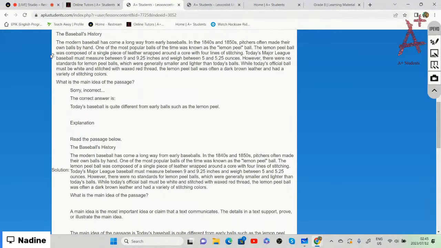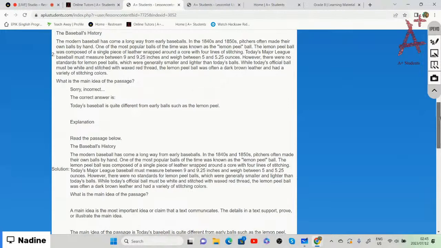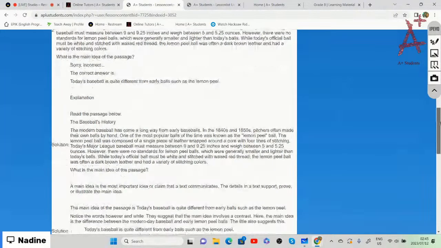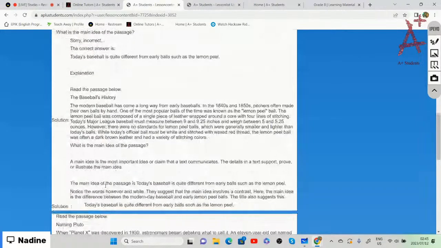So that was many years ago, because the early baseball was basically made by hand. Now you need to have a certain stitching, a certain material, right? It needs to be white with red stitching. And if we now go further, it says here that the main idea of that passage, which is the baseball's history, is that today's baseball is quite different from early balls such as lemon peels, which we mentioned.